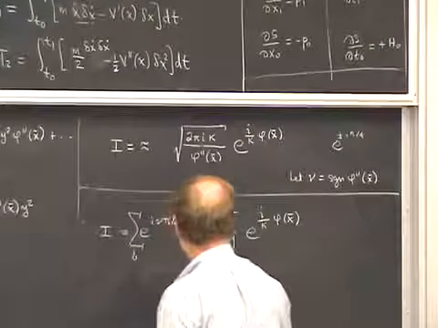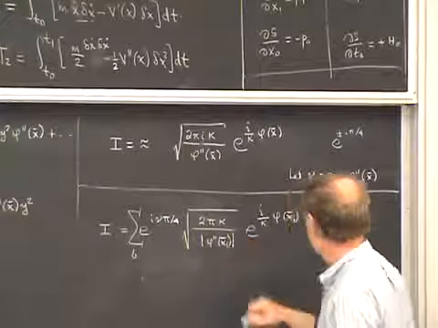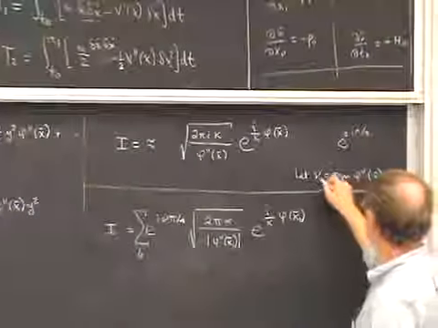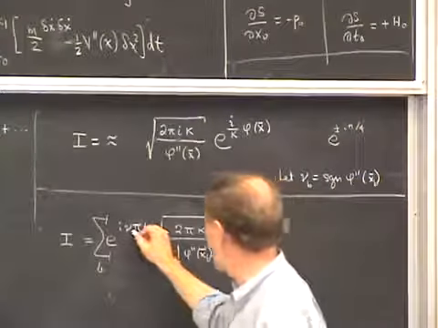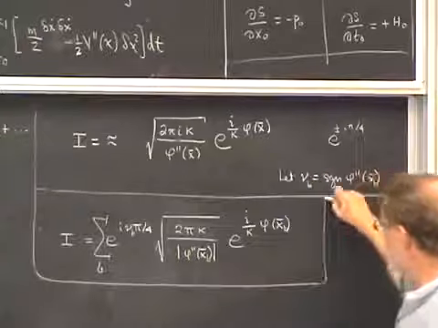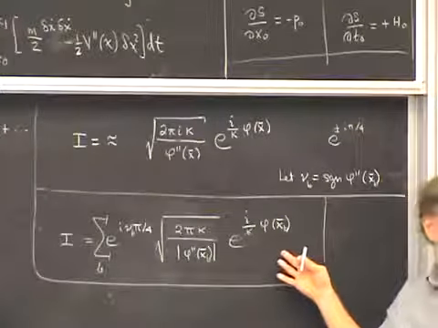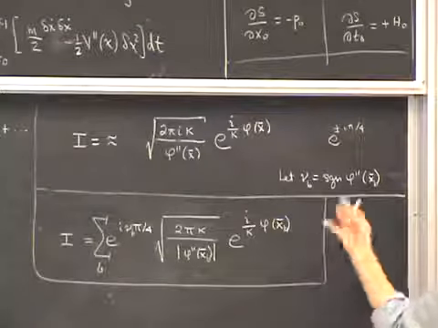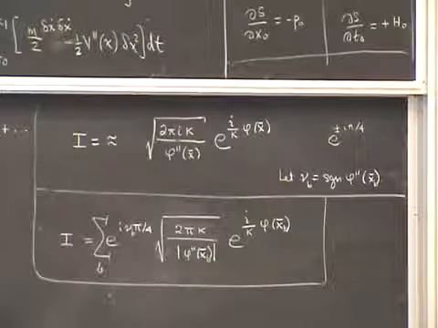Sum over the branches. The x bars depend on the branches, and nu depends on the branches because it depends on the sign of phi double prime, so put a branch index on that. And having made those changes, this now is the stationary phase approximation for one-dimensional integrals with rapidly oscillating exponents. It's really doing a Gaussian approximation to the integral around the stationary phase point.